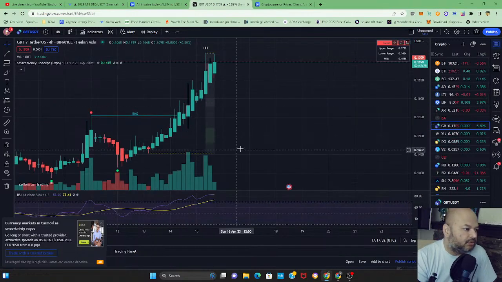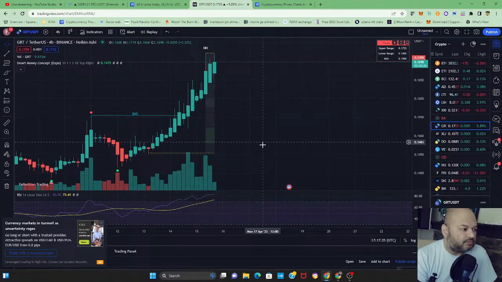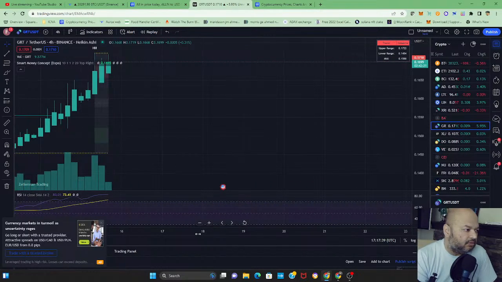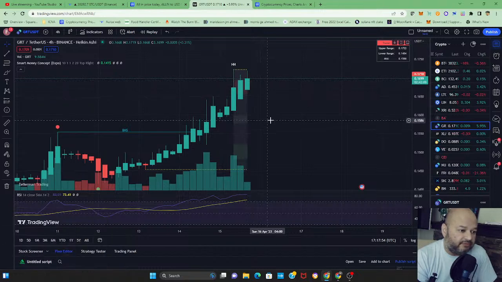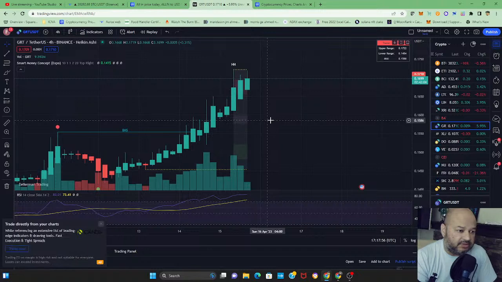So obviously, if you look at the GRT coin right now, it is really in overbought territory. If you FOMO into this, there's a good chance that it falls down to 15 cents, or back to these levels.